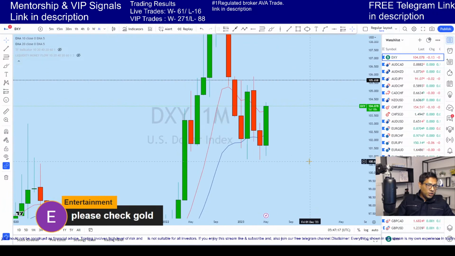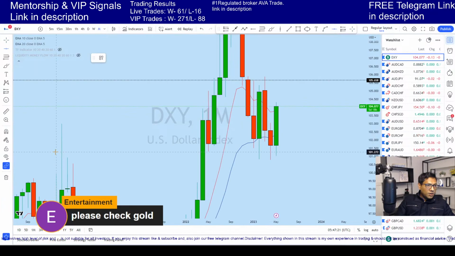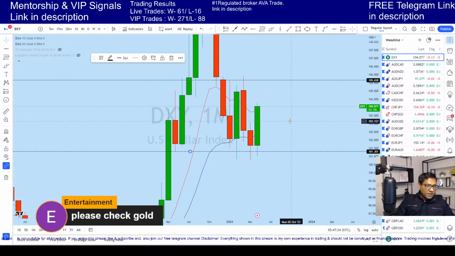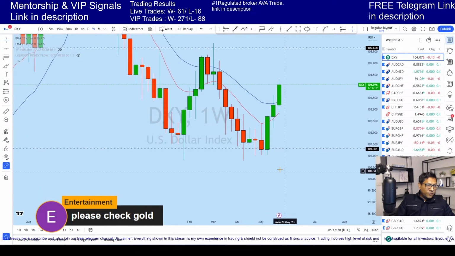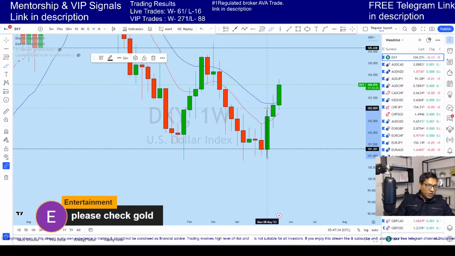So dollar yen, we saw that from this monthly support, the price has a rejection. If we look at the weekly, from the weekly perspective, this is a weekly bullish engulfer.